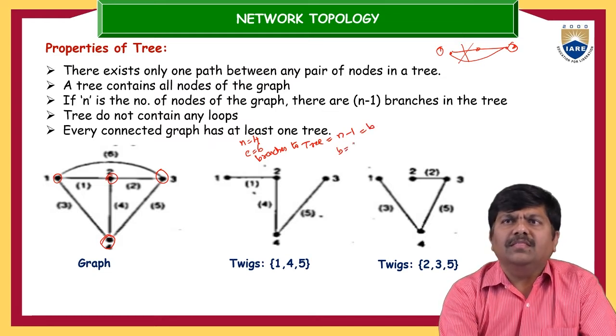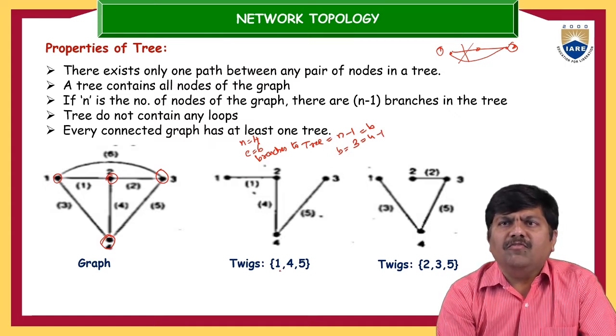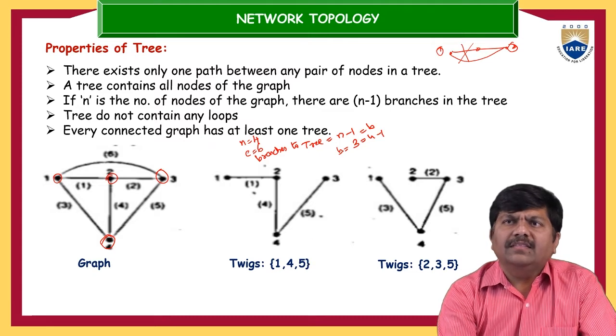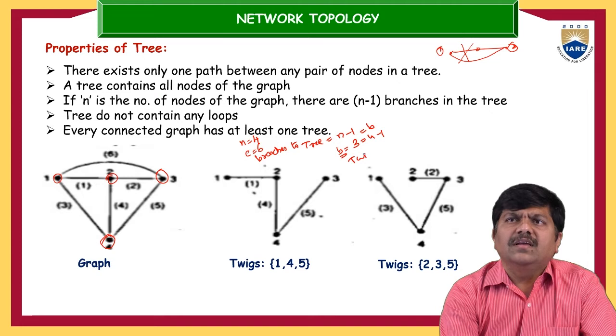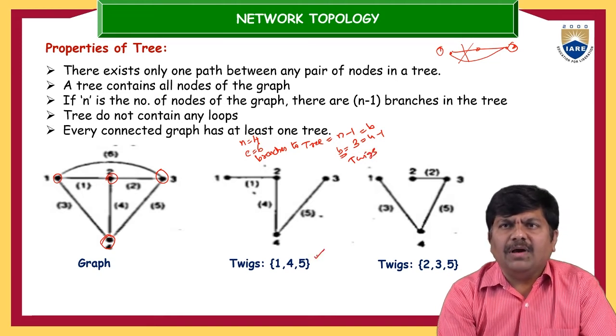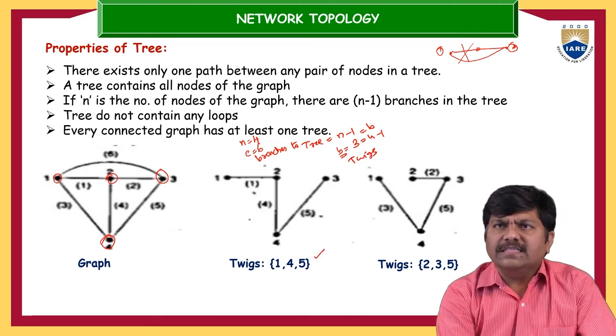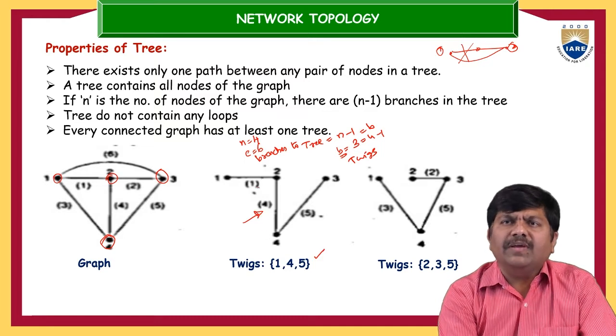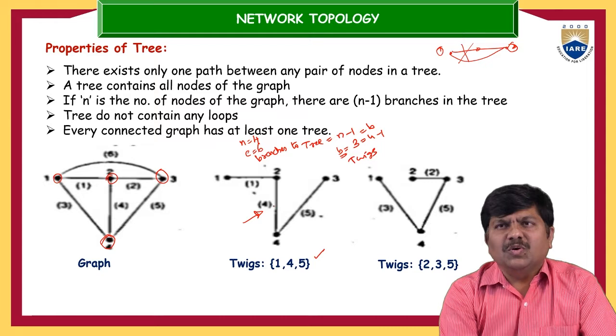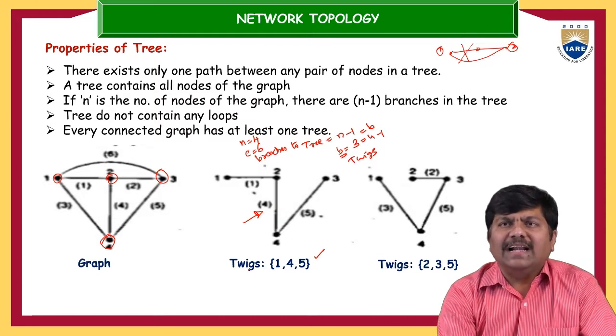So b is 3, that is 4 minus 1. So see, this is one tree developed by elements 1, 4, 5, and these branches of the tree are called the twigs. So that's why we have clearly marked them. This tree is developed with element number 1, element number 4 and element number 5. So elements 1, 4, 5 are called the twigs.